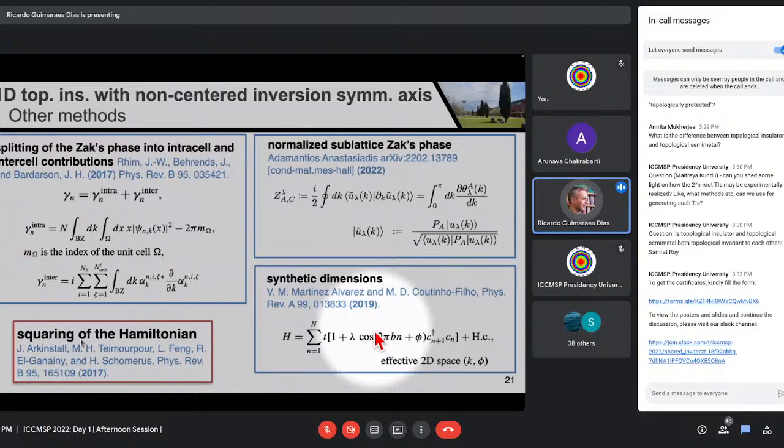And these hopping terms, so a photonic lattice is basically a silica crystal, and you carve waveguides with a laser. Okay, you can carve the waveguides with a laser. And the distance between waveguides defines the hopping terms. So the sine cosine chain is very easy to do. You just have to define these waveguides with particular distances. Okay, so that's easy to do.